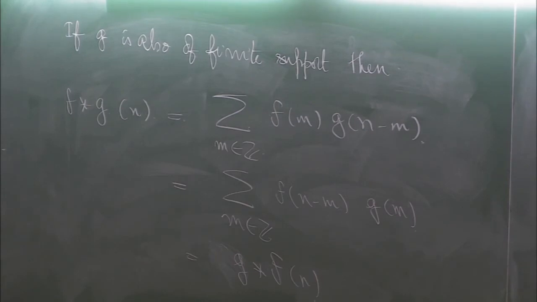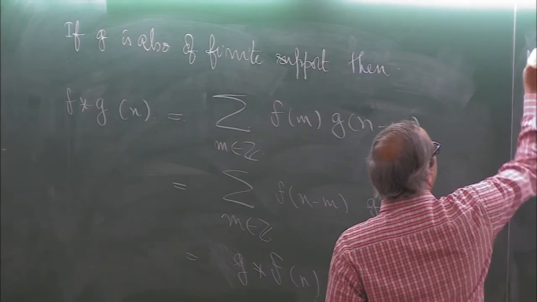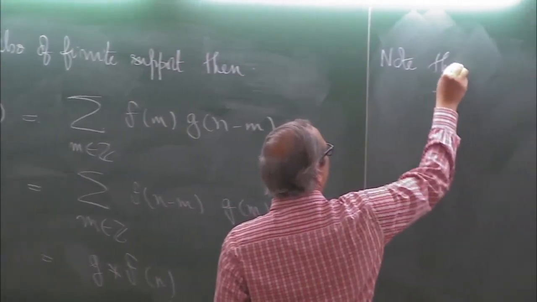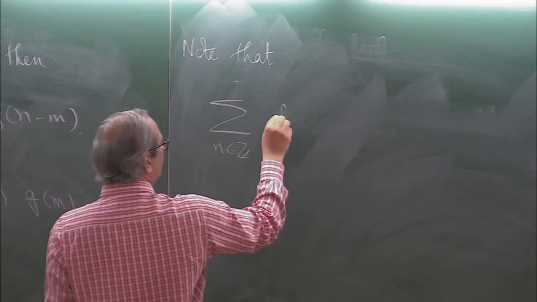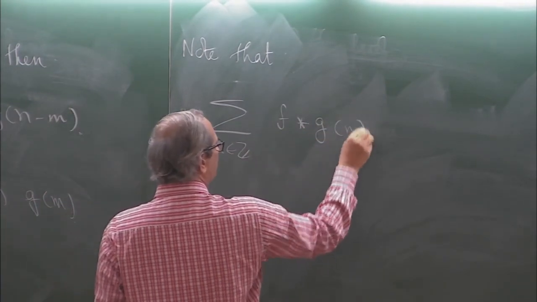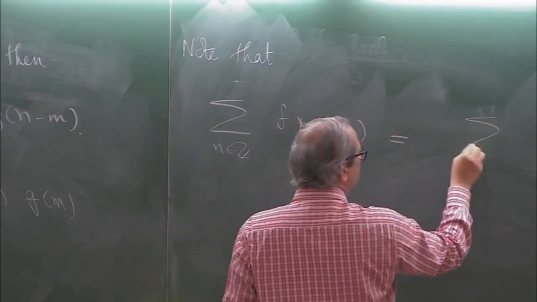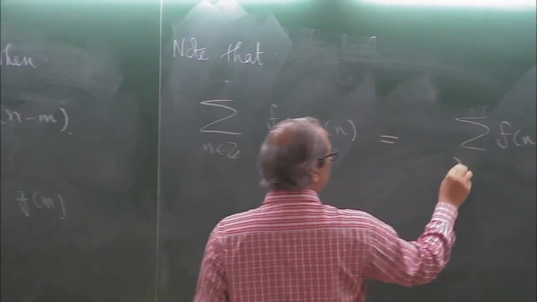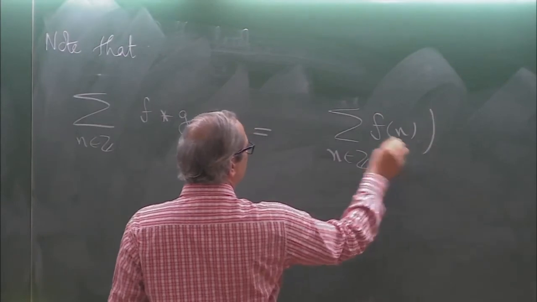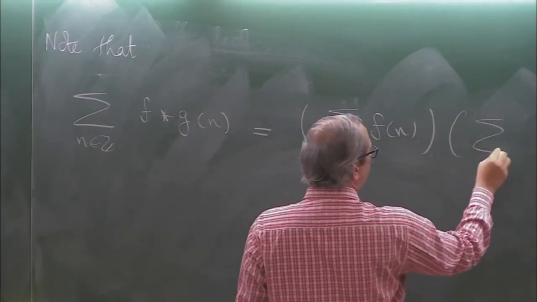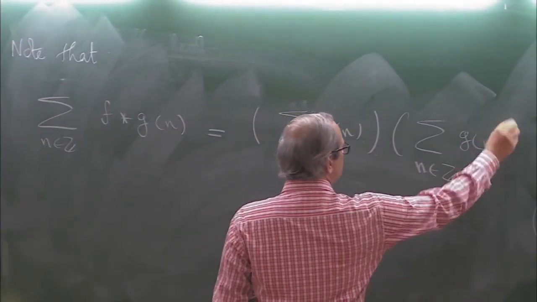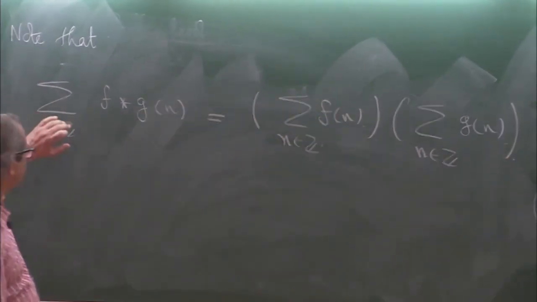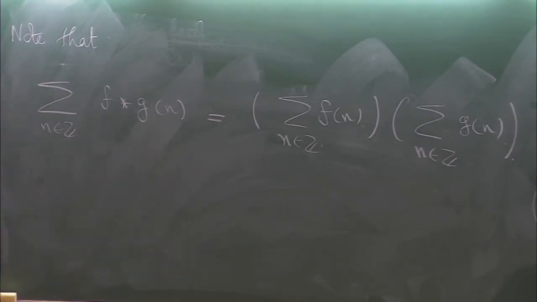So note that the sum over n in Z of f convolution g of n is the same as the sum of f of n in Z times the sum of g of n in Z. So integration or summation trivializes convolution.